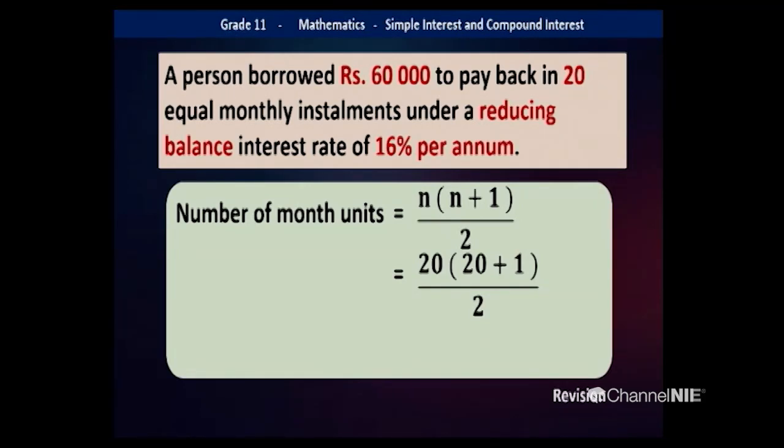Here n means the number of months, 20 into 20 plus 1 divided by 2. Then 20 into 20 plus 1 is 420, and 420 divided by 2 is 210. Therefore, there are 210 monthly units.